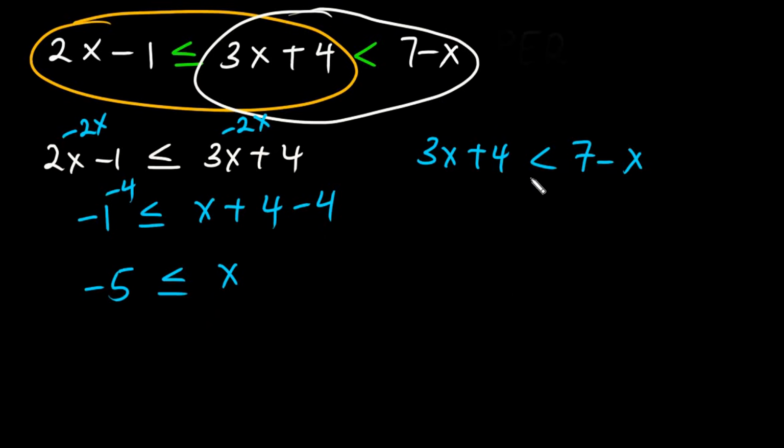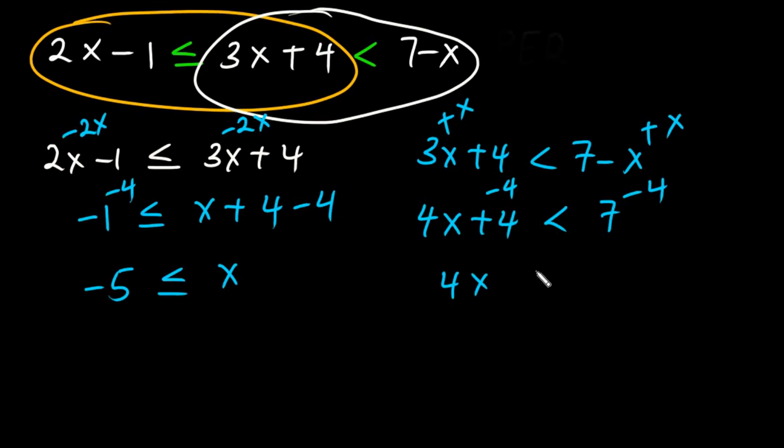We can add x to both sides, so it's going to be 4x plus 4 is less than 7. Then we can subtract 4 on both sides, -4 minus 4 to put like terms together, so it's going to be 4x is less than 3.